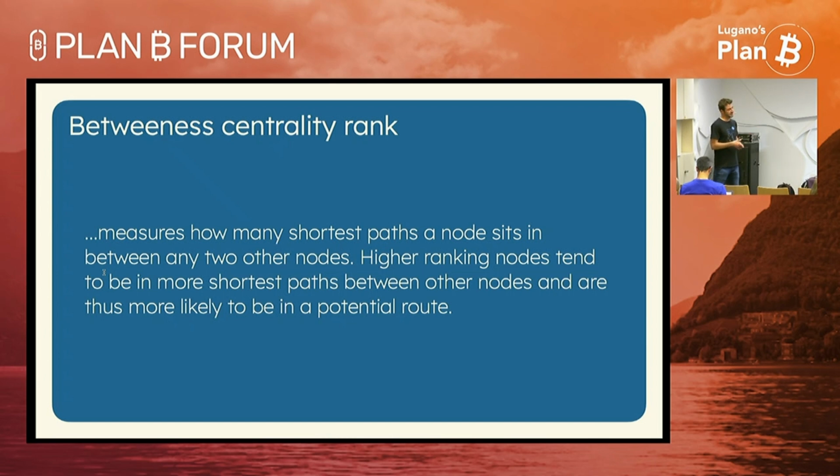The closeness centrality is more about how short the path is for you to reach another node. So for betweenness you're within the path, and for closeness centrality you're just at the end of the path.